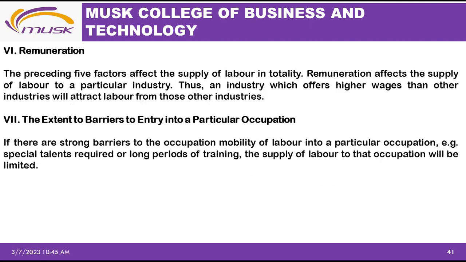Then we have remuneration. The preceding factors affect the supply of labor in totality, while remuneration affects the supply of labor in a particular industry. So how much in terms of wages and salaries are the industries able and willing to pay?